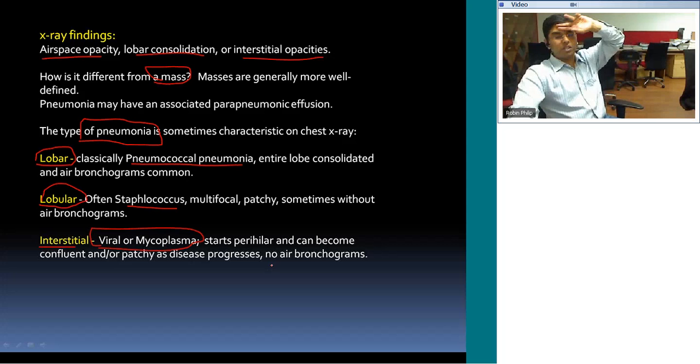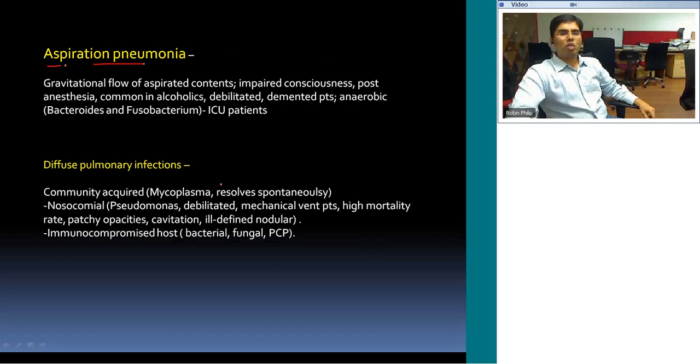And usually no air bronchograms are seen in these interstitial pneumonias. And then another common entity, aspiration pneumonia. This is because of the gravitational flow of the aspirated contents or incomplete clearance of these secretions, usually in ICU patients, post anesthesia, alcoholics, debilitated, demented patients.